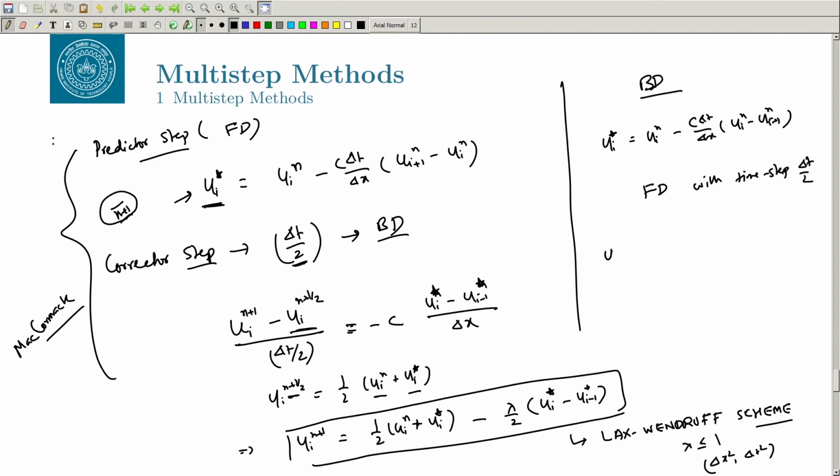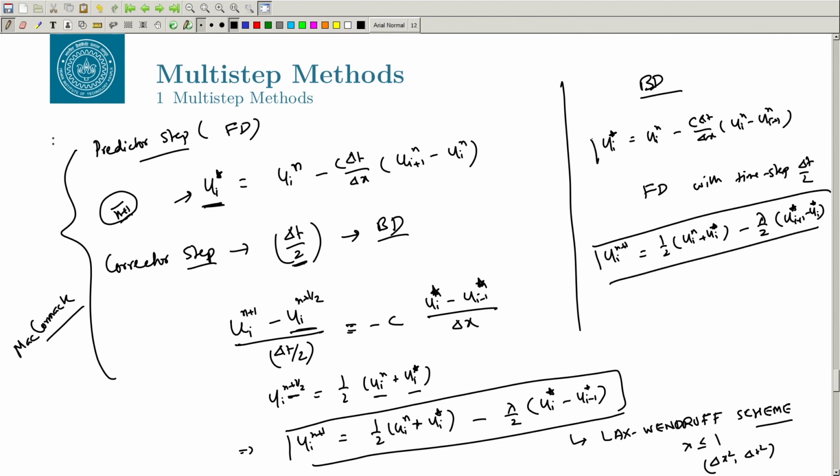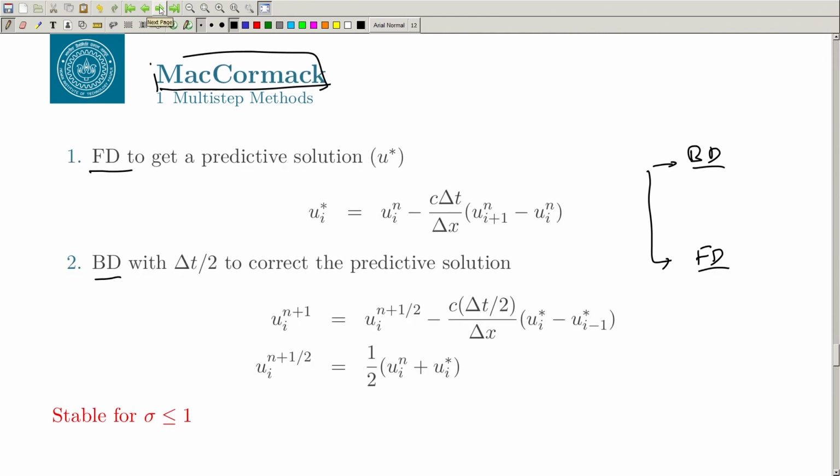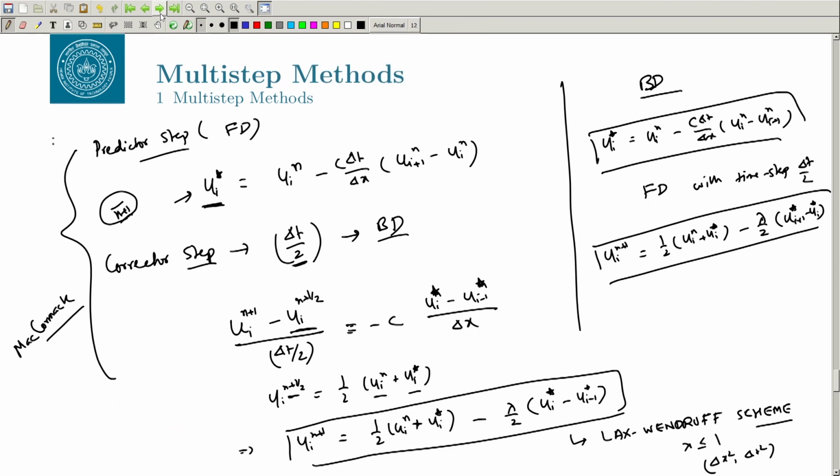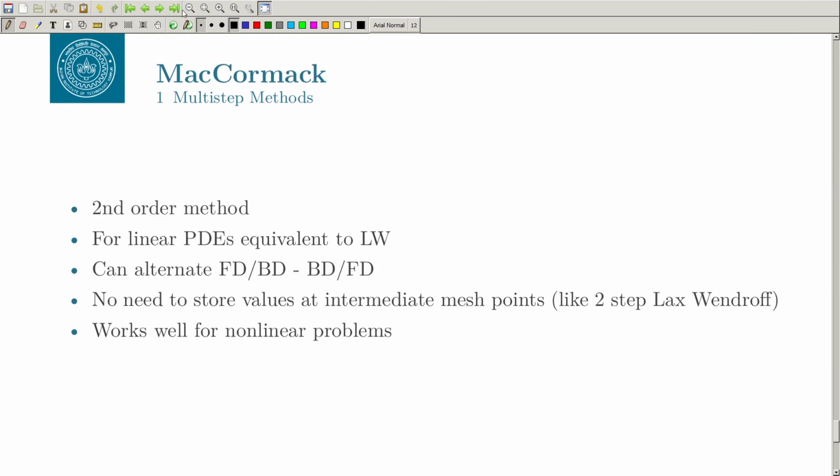So, your final value u_i^{n+1} will become half of u_i^n plus u_i star, minus lambda by 2 times, now using the forward differencing, u_{i+1} star minus u_i star. Both are equivalent. The same thing is shown here. This is how you can get it, and this is stable for lambda or sigma less than or equal to 1. This is also a second order method, equivalent to Lax-Wendroff.